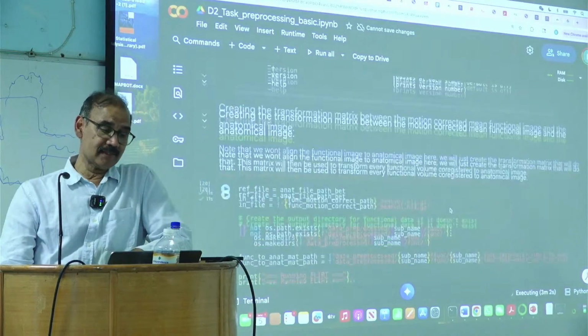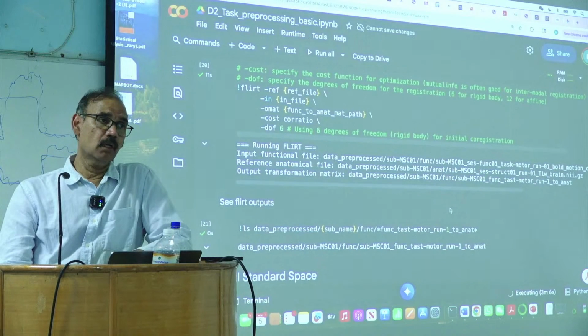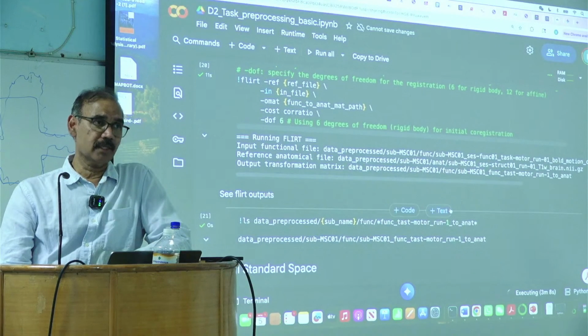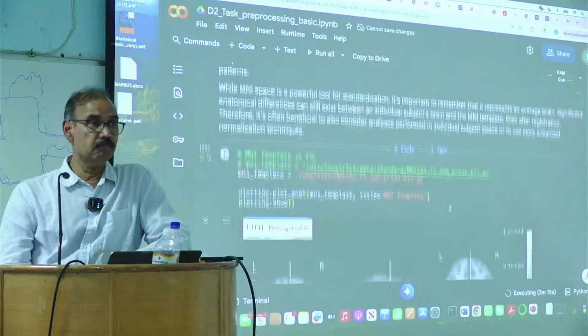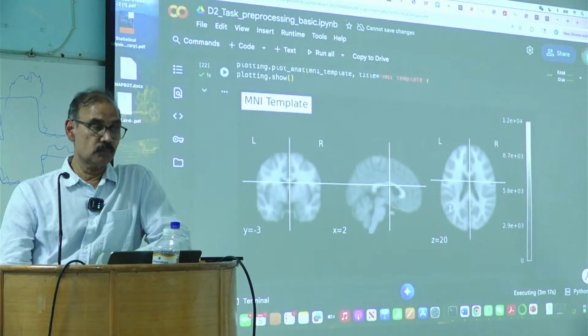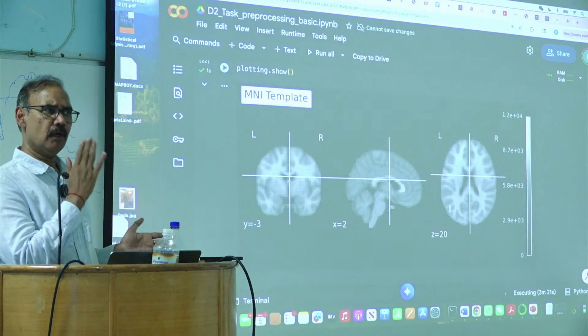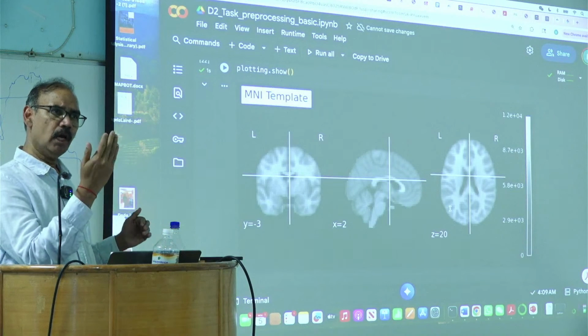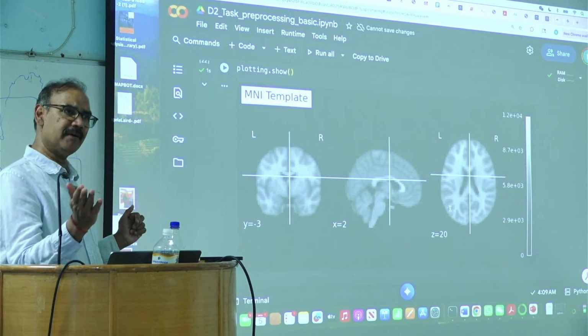So it has 818 volumes. Is that clear? The dimension was 64 by 64 by 36 by 818.